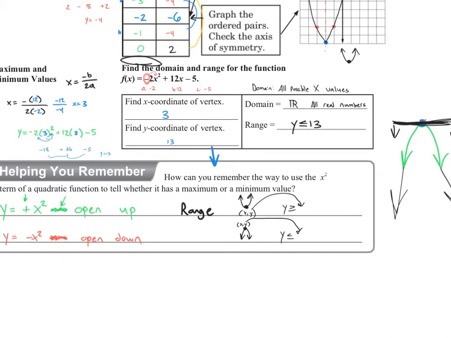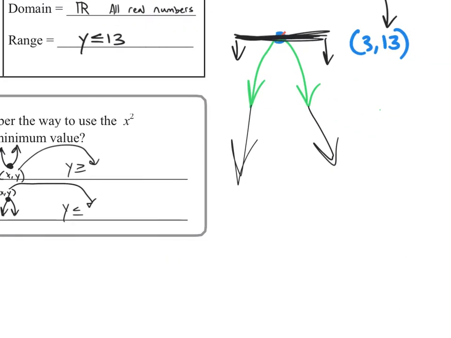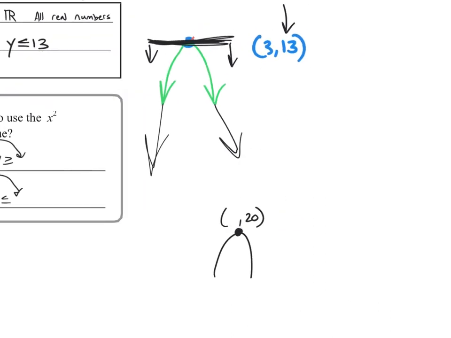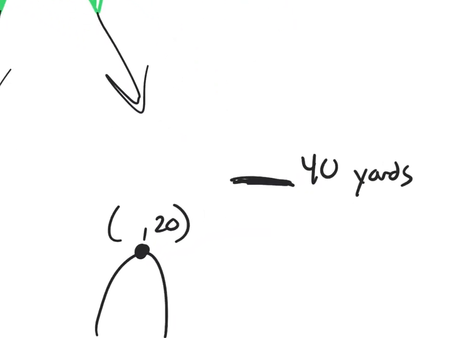If you punted a football straight up and it only went 20 yards into the air, and your goal was for it to get to 40 yards into the air, you didn't make it, right? The range of your football was y is less than or equal to 20. It never got any higher than 20. So that's what range can help you do, is answer those types of questions. Did it go high enough would be the range.